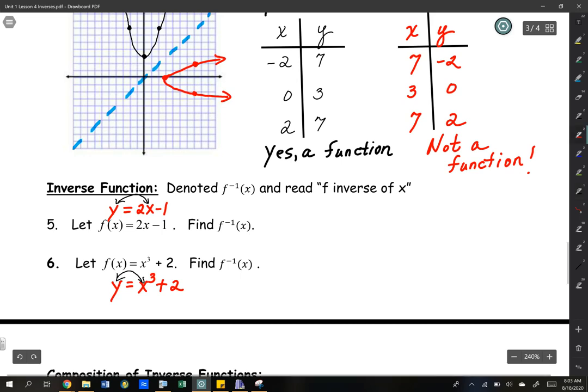So let's go ahead and do that. So we've got x equals 2y minus 1, solve for y. For this guy, we're going to end up with x equals y cubed plus 2.